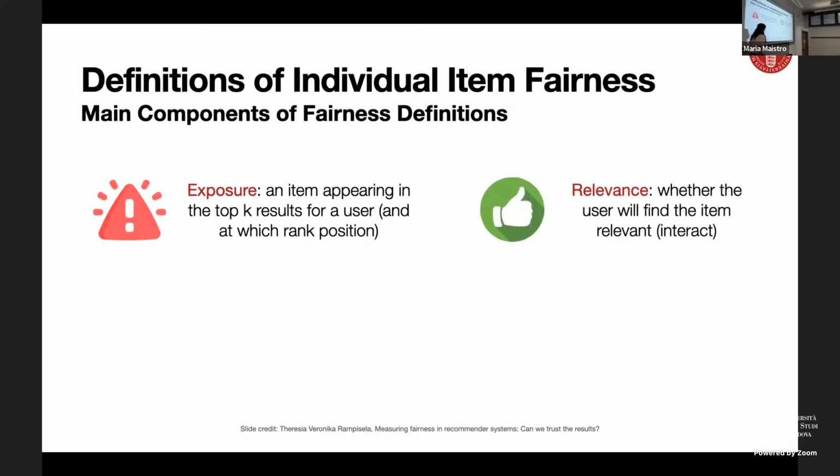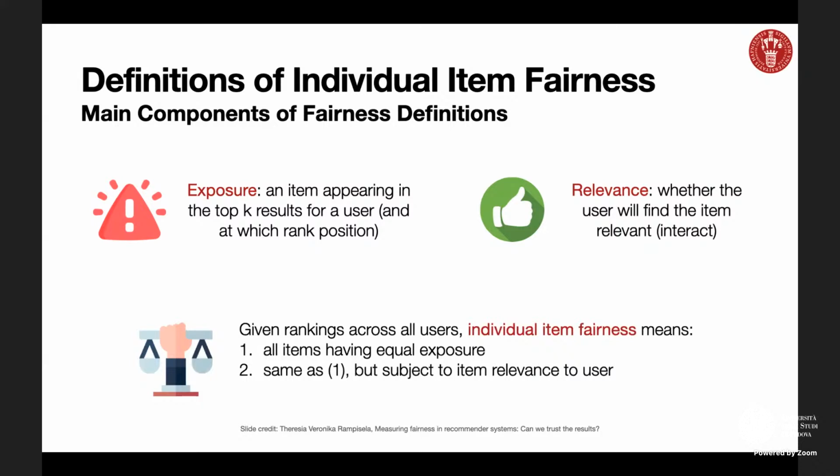The other aspect that can be considered is relevance, so whether the result is relevant or not, or whether the user interacted with the result or not. And with these two ingredients, individual item fairness is usually measured as either all items having equal exposure, so equal opportunities to all documents, or the same, but subject to relevance. So all items that are relevant need to have equal exposure.